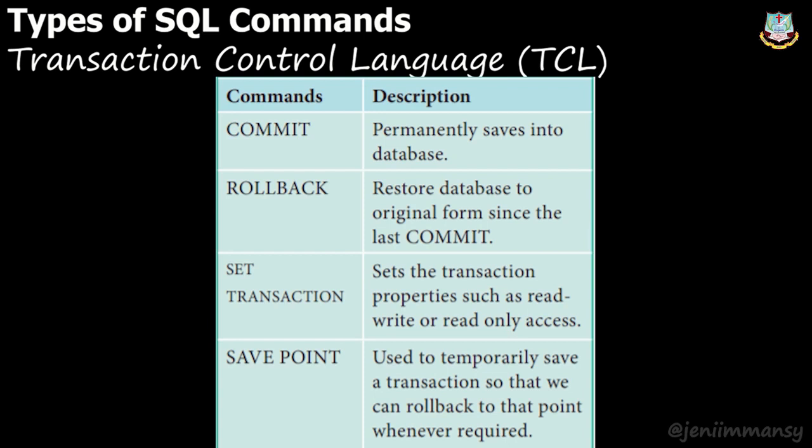Restoring the database to its original form since the last commit. Say you are writing 10 lines, and when you write the 5th line you do the commit, so this will be permanently saved. Then in the 10th line, if you do this rollback, it will go back till the commit. After what you have done will be gone, and till the commit will be saved there.